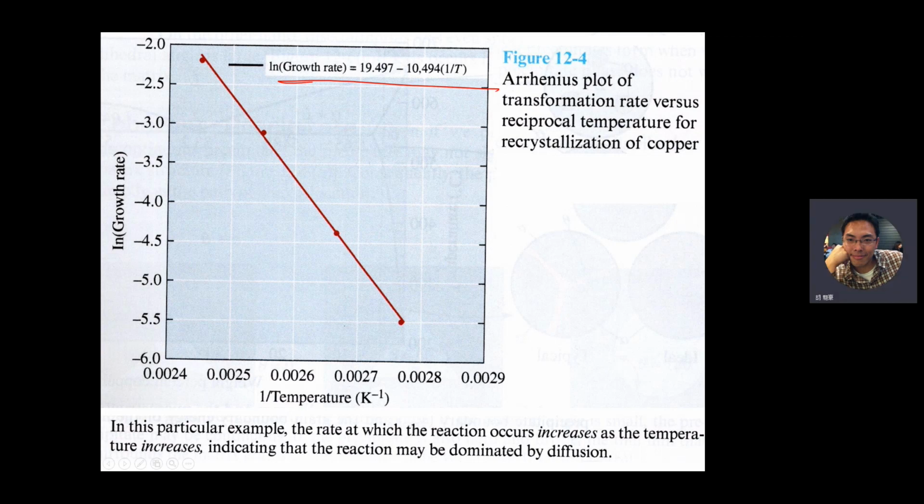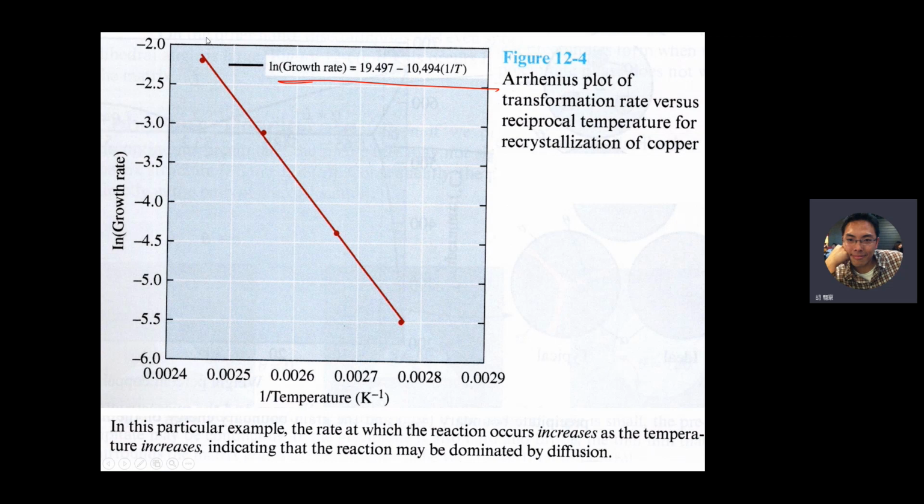Therefore, it can be a reference for industry or a company. Say we are going to heat treat, for the process of recrystallization of copper. I know this linear relation can be used as the reference.